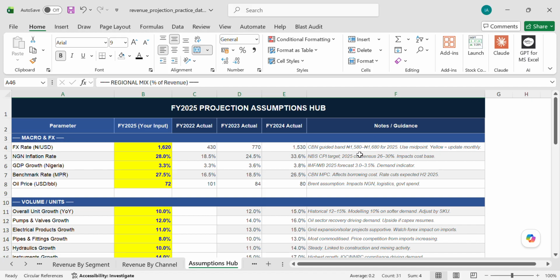They are basically saying within the band of 1,580 to 1,680. So what you can simply do is take the average by adding 1,580 plus 1,680 divided by 2, which gives you the average which you can use.